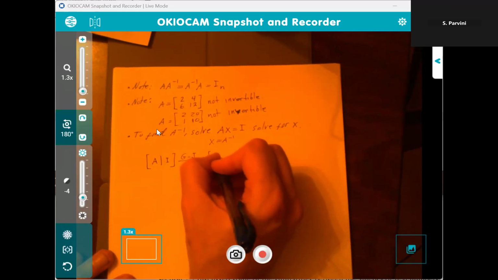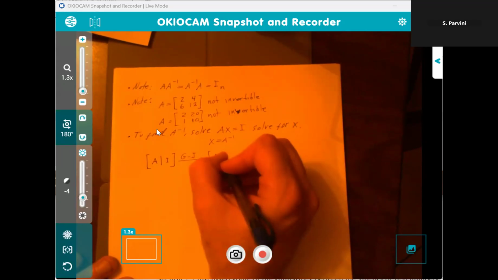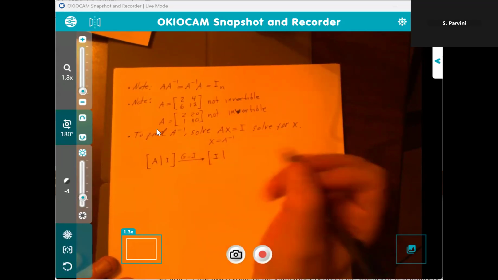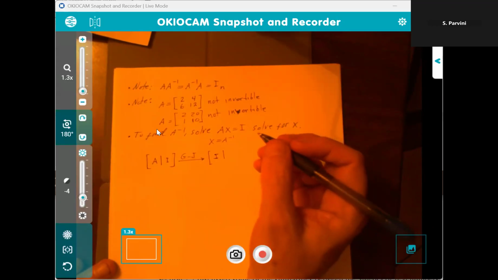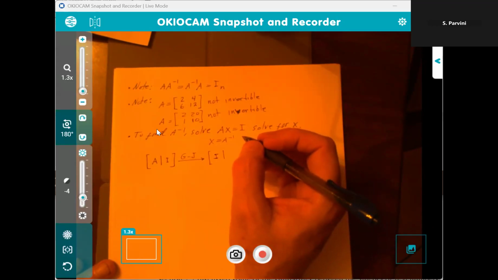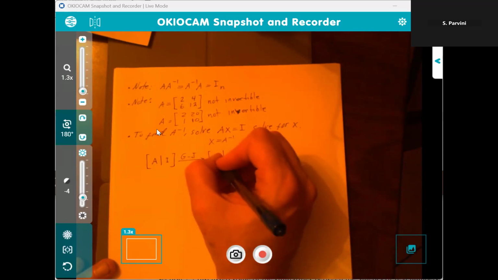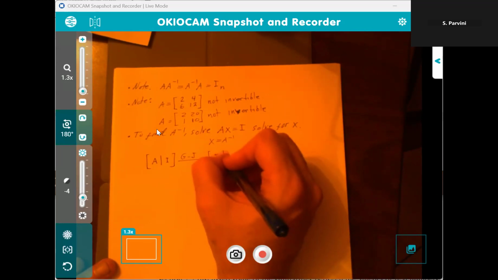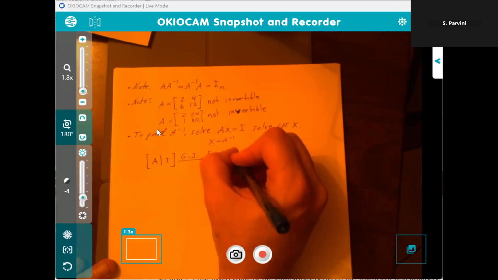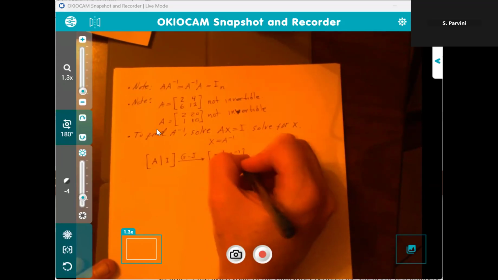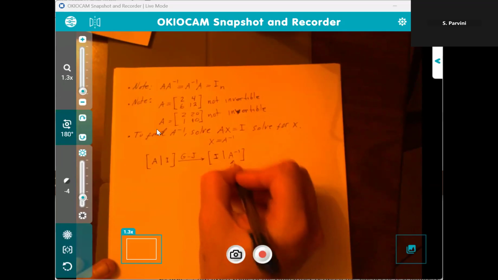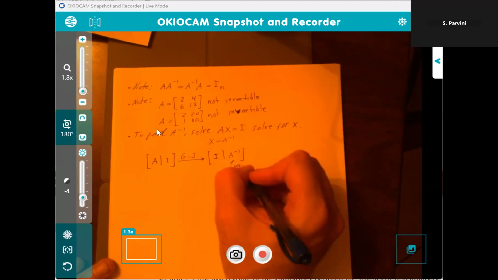Remember, when a matrix is in reduced row echelon form, it's going to look just like the identity matrix. So the left side will be transformed into I, and the right side, whatever that matrix looks like, is going to be the inverse of A.